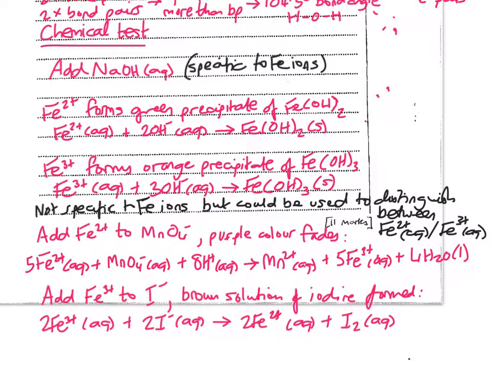However, it's generally regarded that the addition of sodium hydroxide or hydroxide ions to Fe ions definitely gives a light green precipitate with Fe2+, and definitely gives an orange precipitate with Fe3+. So that's more a diagnostic test for iron itself. If you know that your 2 solutions are iron, but you don't know which one is 2+, which one is 3+, you could do the manganate or iodide test if you wanted to.